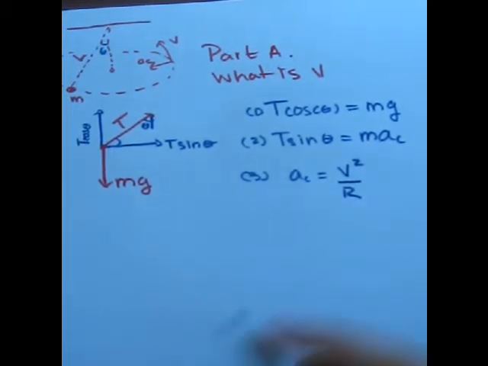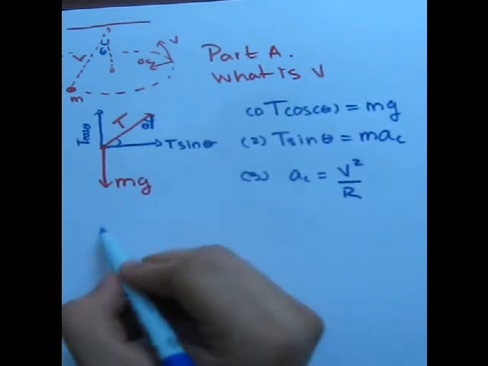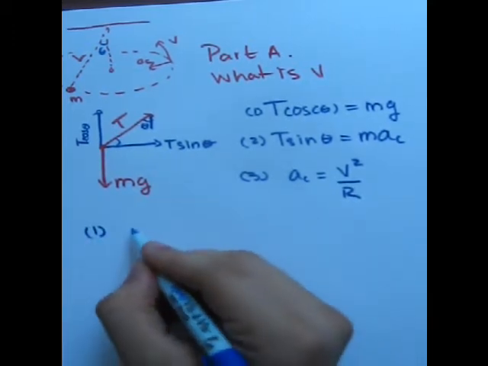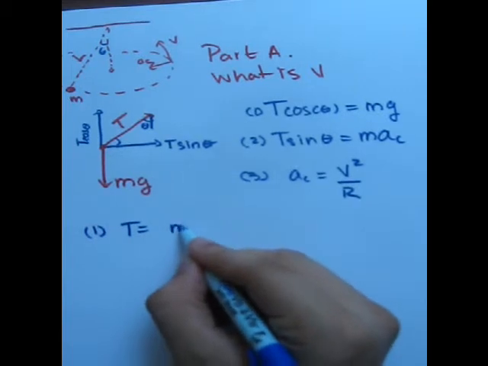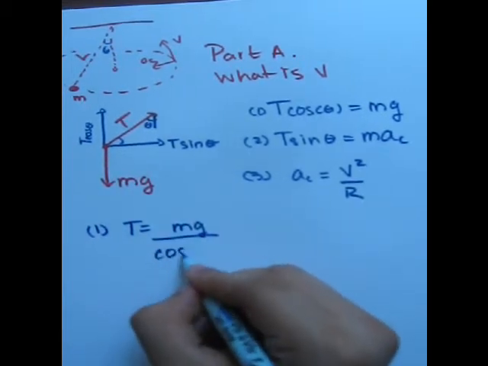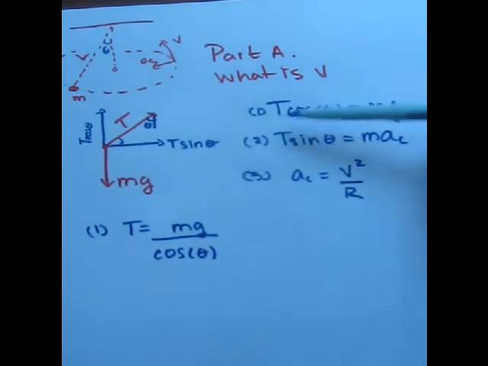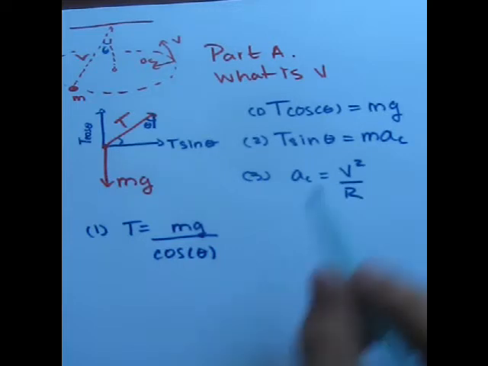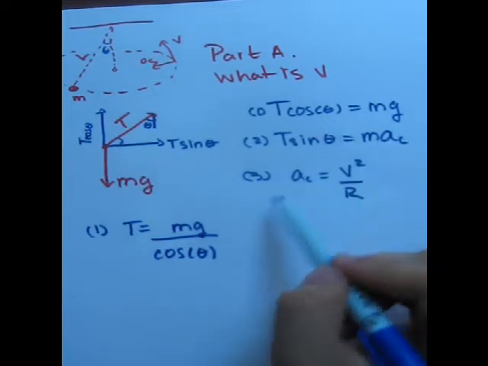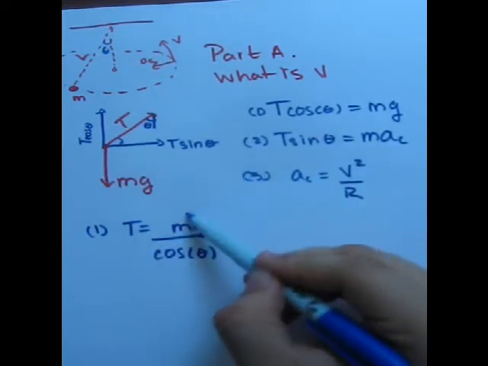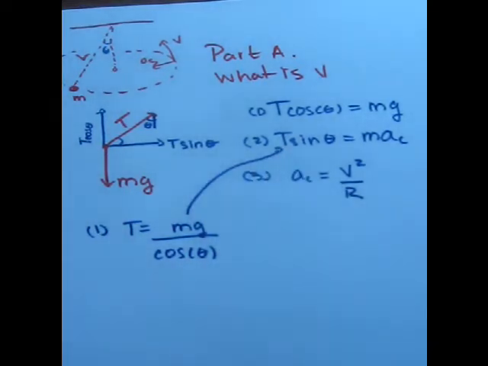So let's start working with both equations. Let's first figure out what T equals, and T would equal mg divided by cosine theta. All you need to do to get this form is divide by cosine on both sides. Now I can put this T inside the second equation so we can solve for a_c.